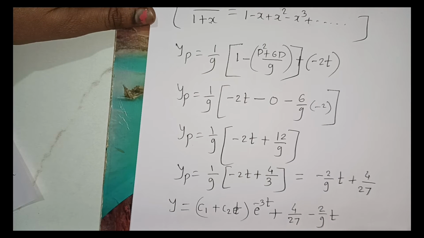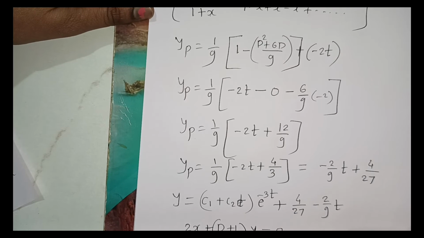From those two equations you have to select the equation where derivatives of x are not involved. Why? Because you don't have x in your hand to differentiate it. You have only y. So choose the differential equation where you have derivatives of y. So this is the second equation. You have 2x plus (D plus 1)y is equal to 0.